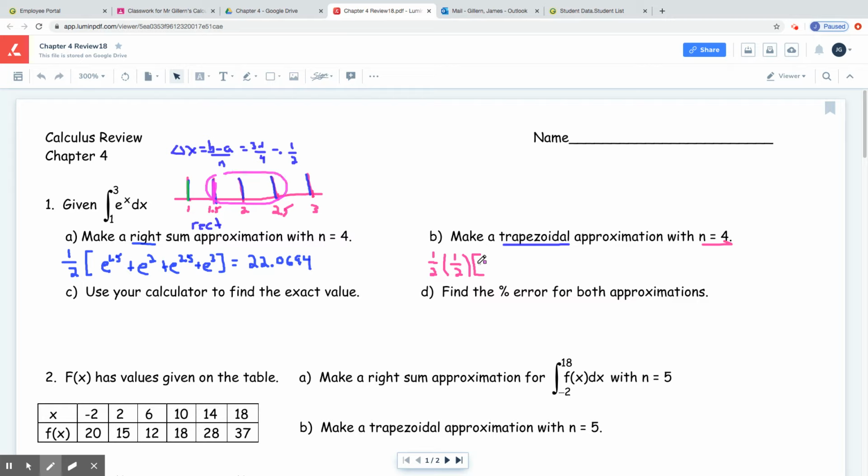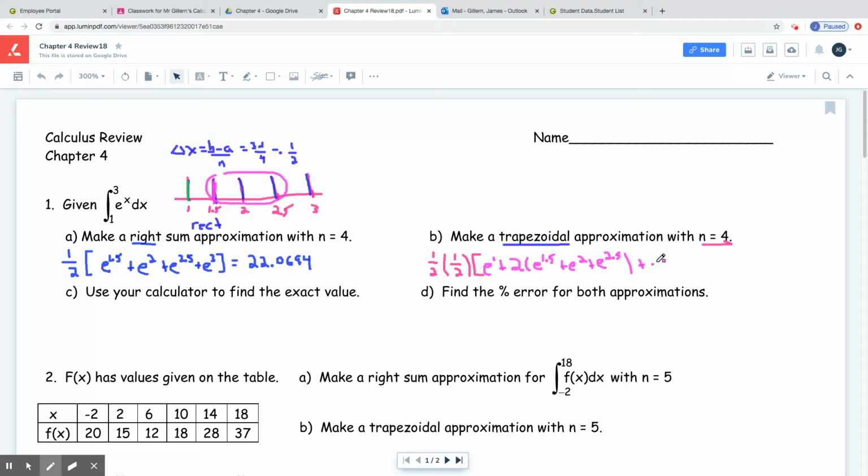So what we're going to do is plug in all of these values in for x. So it's going to be e to the first plus, I'm going to put a 2 around this, e to the 1.5 plus e to the second plus e to the 2.5 plus, now notice I ended the parentheses because these are the only ones that get used twice.